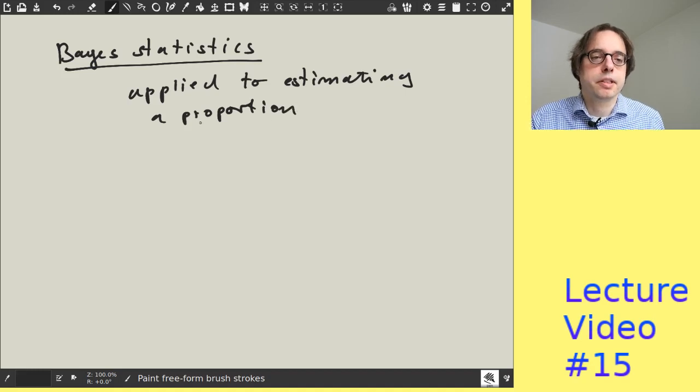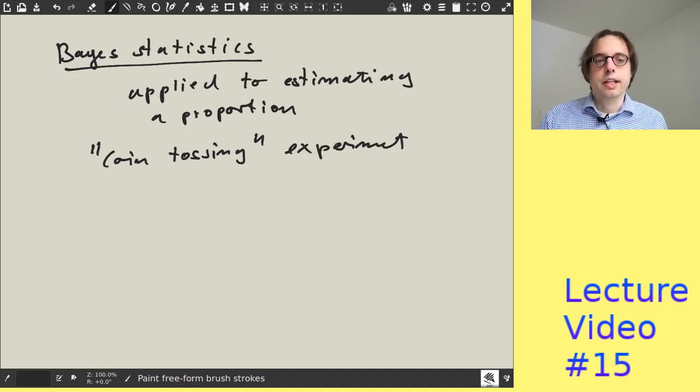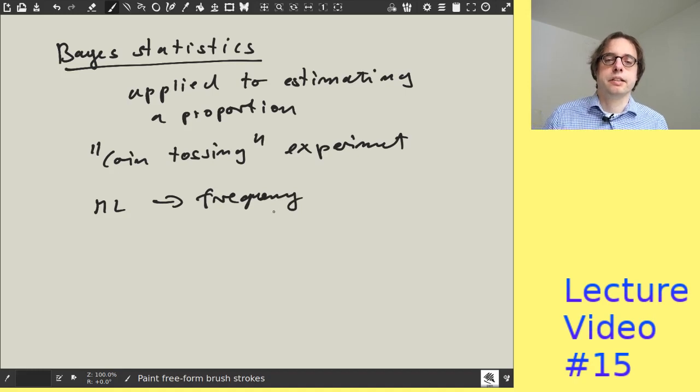If you remember, this was the famous coin tossing experiment. And we found that in the ML estimate, ML gave us the frequency. So the frequency was the ML estimate for the proportion.